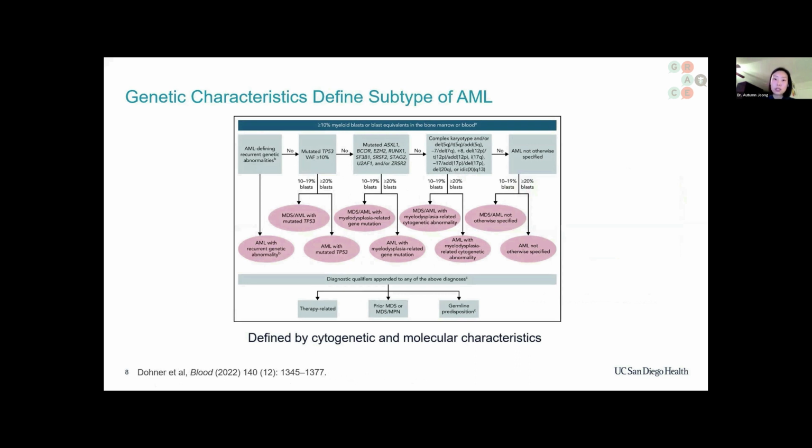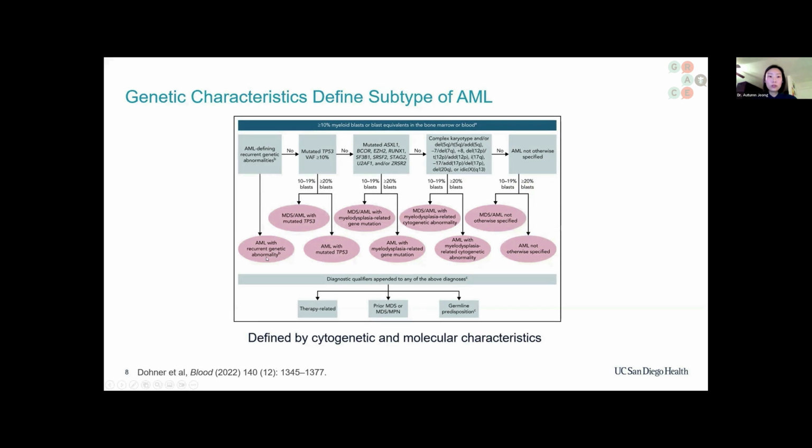And this was just recently updated last year. As you can see here, there are many, many different types of mutations and gene abnormalities that give characteristics to each and different AMLs. And in the bottom here are the different subtypes of AML.